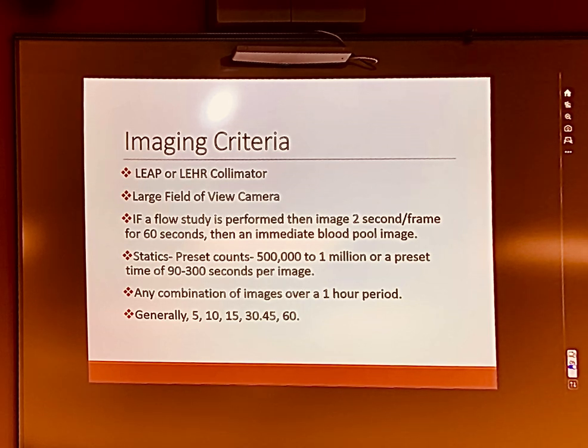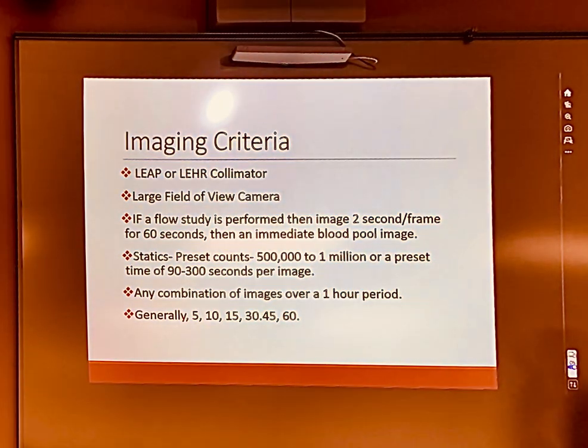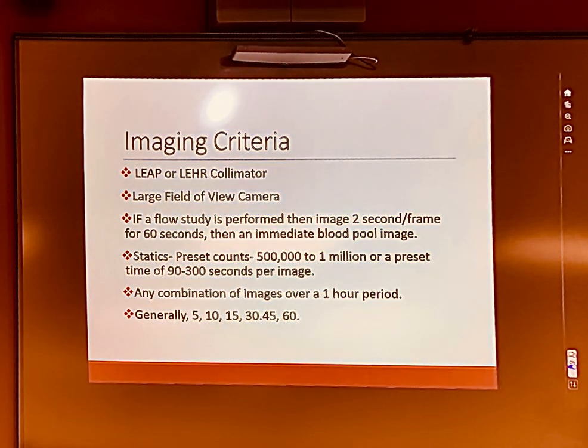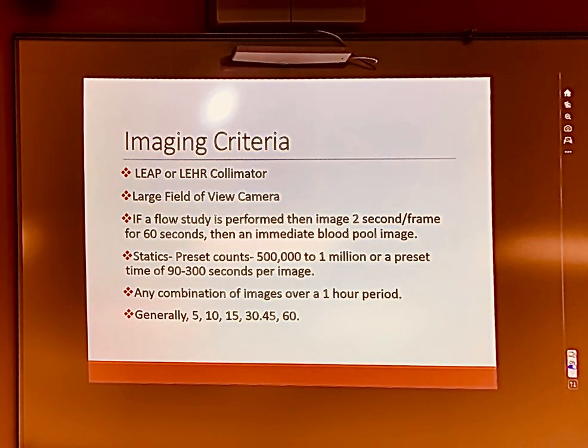Most locations will do preset counts, in the event that you have to do a delayed image, okay? The reason they do counts is because counts to counts are apples to apples. So if you do a delayed image, however you acquire the study has to be how you acquire the delay.